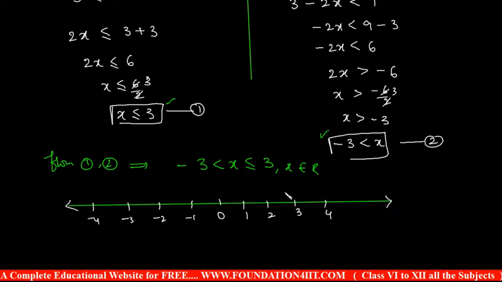Minus 3 is not included, so you keep an open circle. X is less than or equal to 3, so 3 is included, and there should be a closed circle, a complete dot. Now you can draw the line between them. Each and every point between them is included. So this is the solution set for this, right?